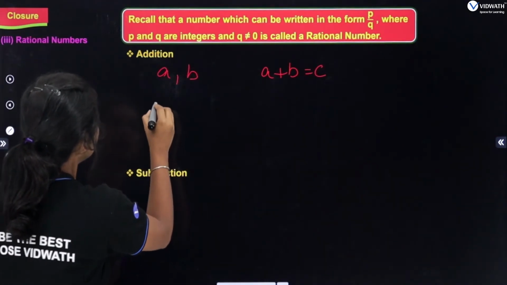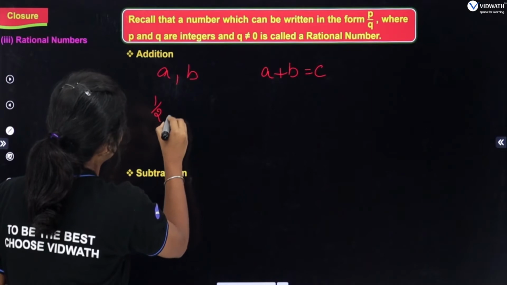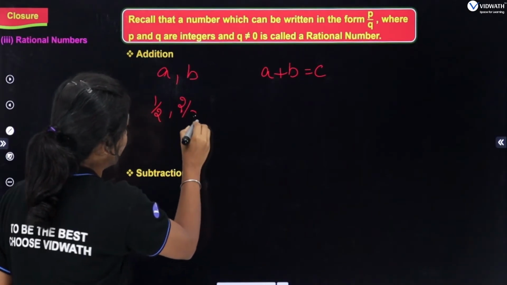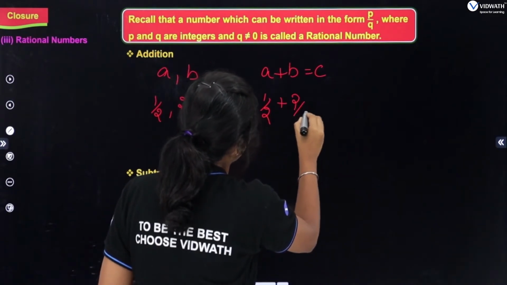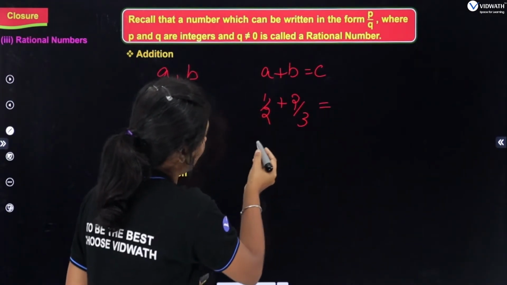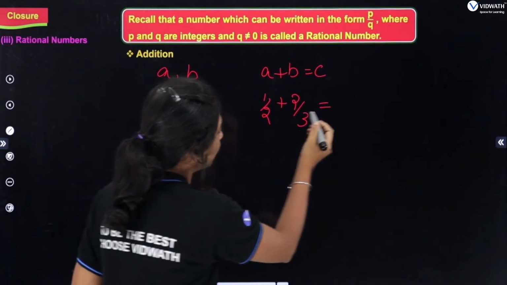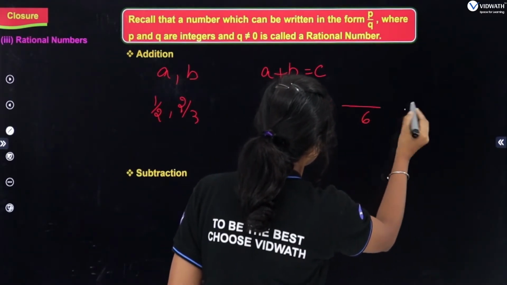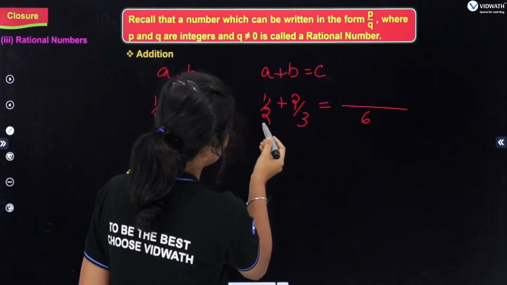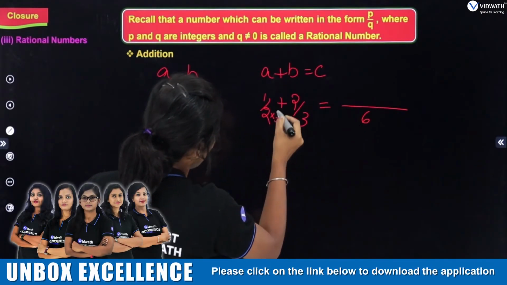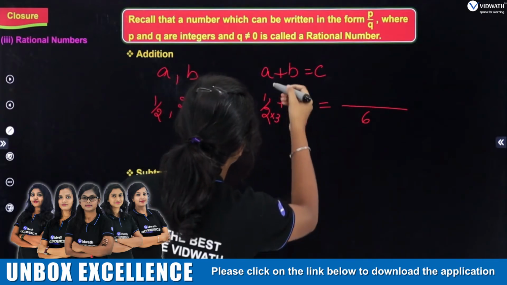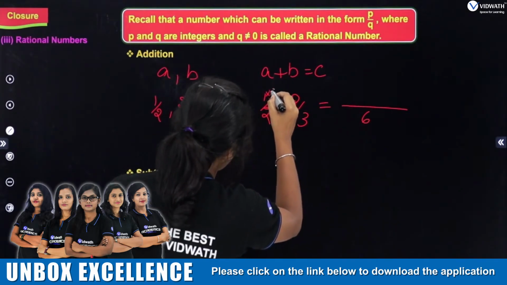We will see the example. If I take a as 1 by 2 and b as 2 by 3, and if I add them, 1 by 2 plus 2 by 3 is equal to, now we will take the LCM. LCM of 3 and 2 is 6, and we have to make the denominator 6. For that, we will multiply the 2 with 3, and whatever we multiply in the denominator, we have to multiply the same number with the numerator.